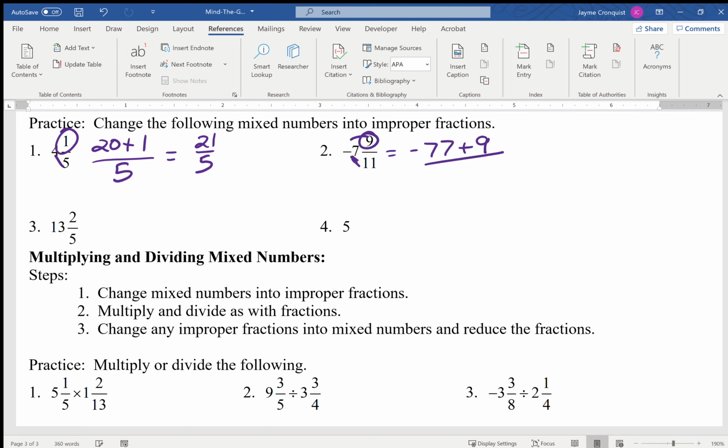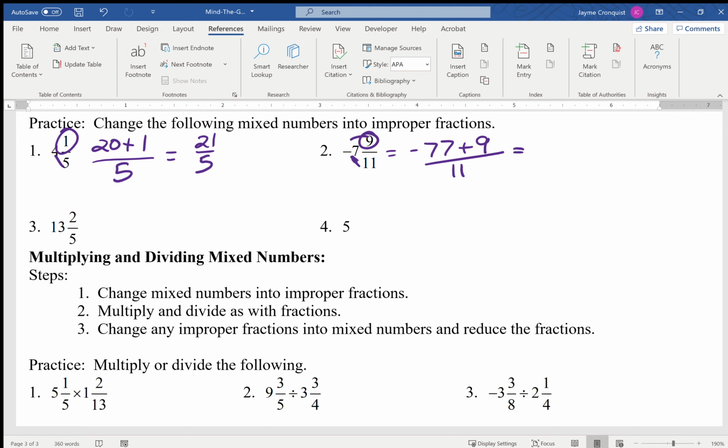Put it over the original denominator. Negative 77 plus 9, it's basically 9 minus 77, is negative 68 over 11. Yeah, that's right. I was hoping it would simplify better, but it doesn't.